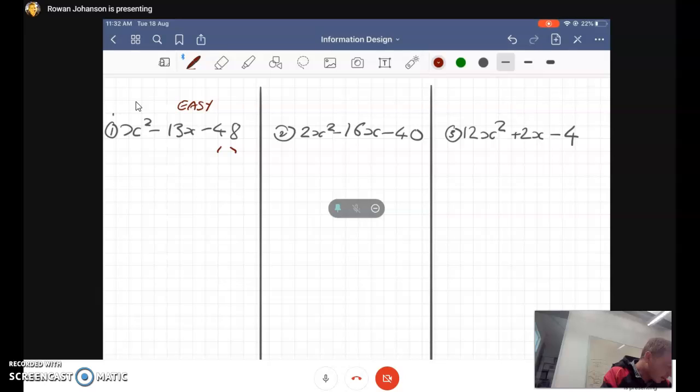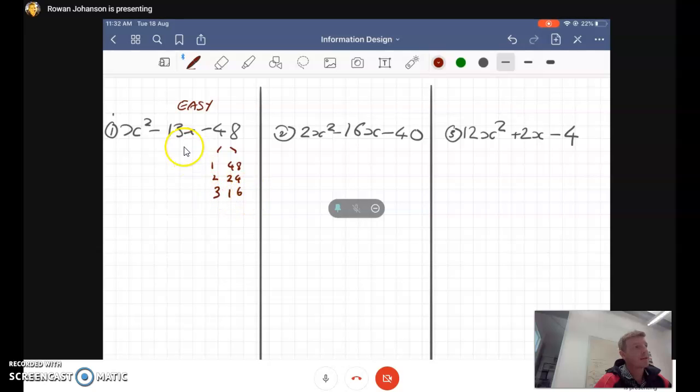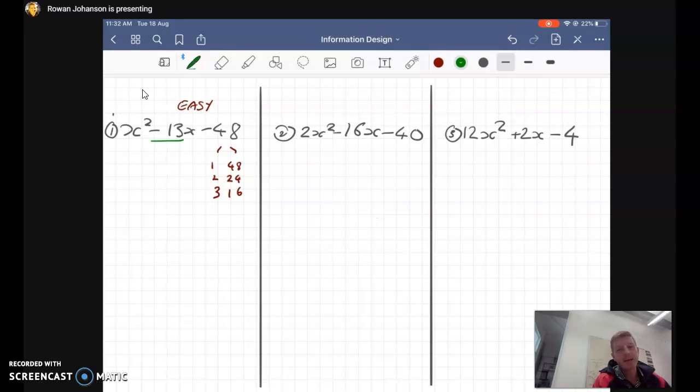I'm going to go 1, 48, 2, 24, 3, and 16. And I can stop here because I notice 3 and 16 is a difference of 13. It's negative 13, so the bigger number is going to be negative and the smaller number will be positive. So it's going to be plus 3, minus 16.